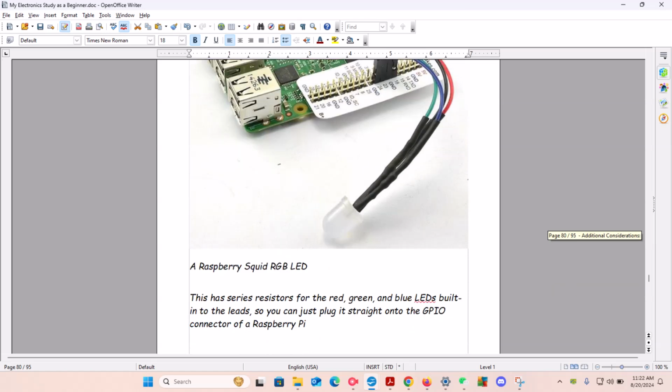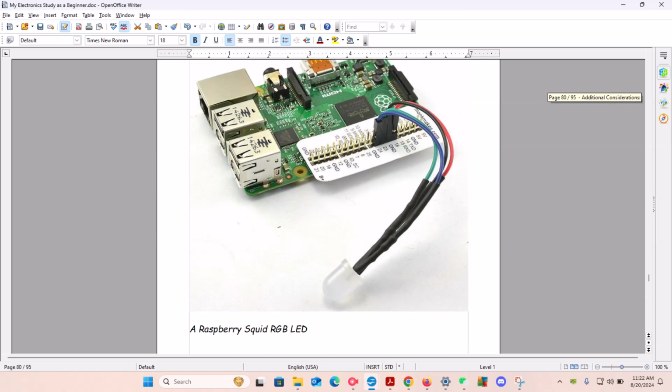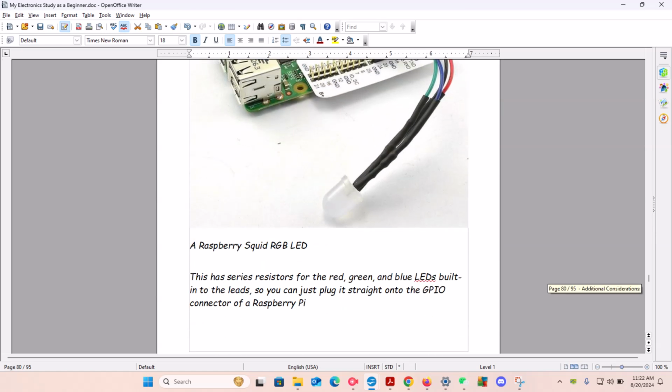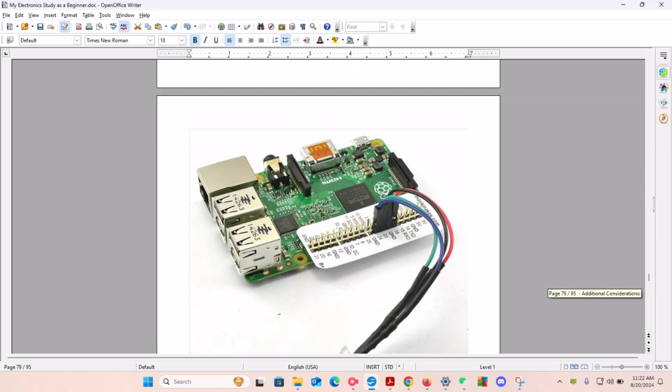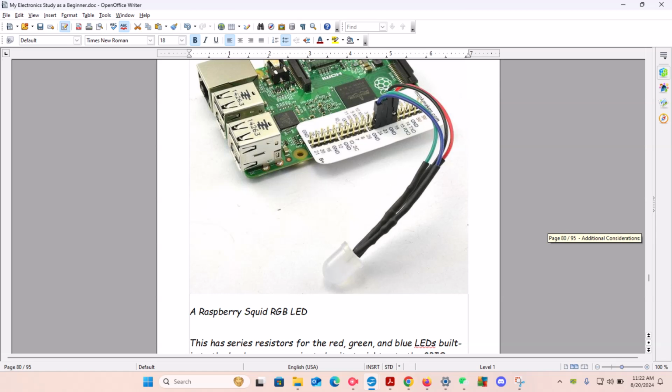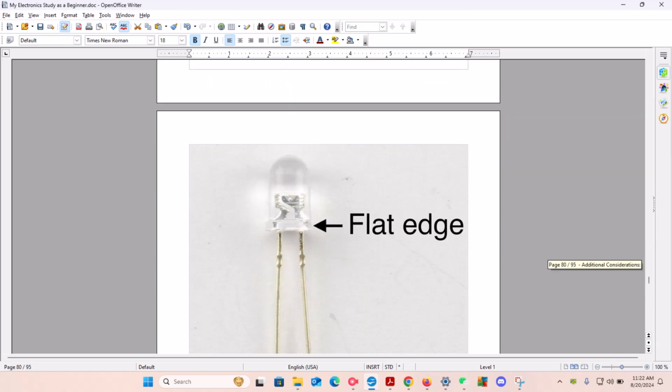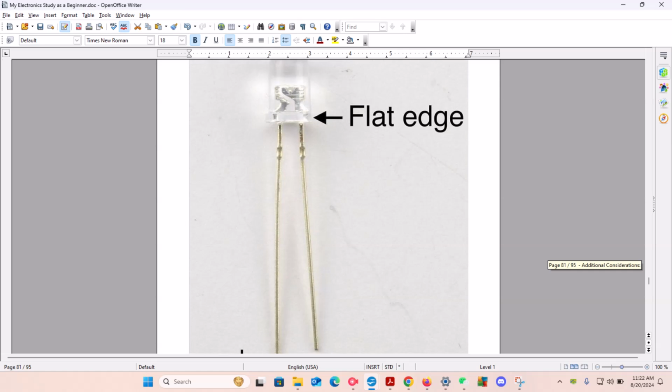The LEDs are built into the leads at the end, so you can plug it straight into the GPIO connector of a Raspberry Pi. Here is the plastic lead, and the other end is where the LED is.